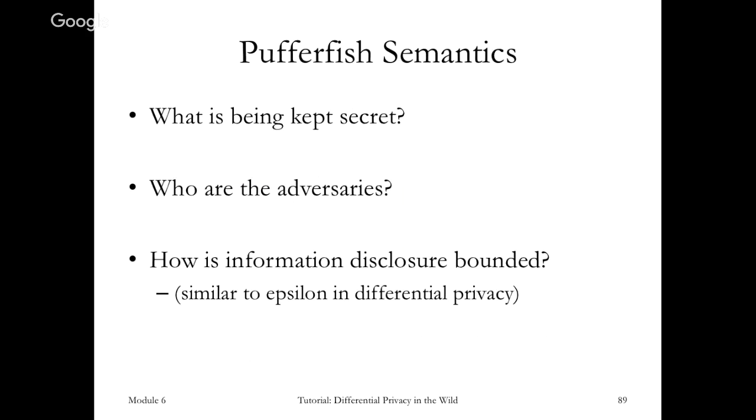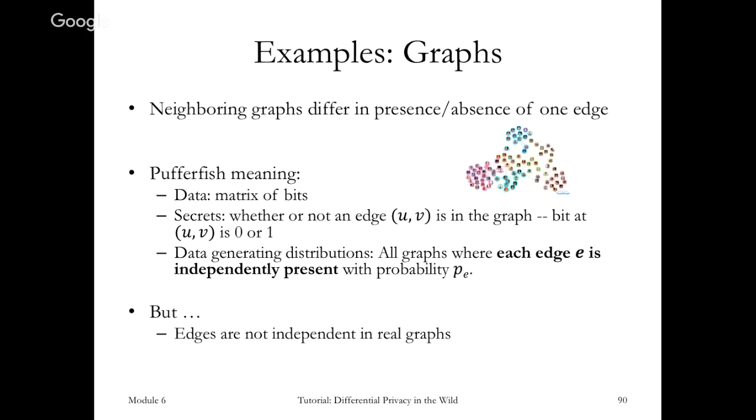Recall that pufferfish privacy can specify what secrets you want to protect, who the adversaries are, what assumptions can be made for them, and how the information disclosure can be bounded in a similar way to differential privacy. We probably saw examples in the previous module. For graphs, the neighbors are defined by two graphs that differ in an edge. What does that mean in the pufferfish framework?